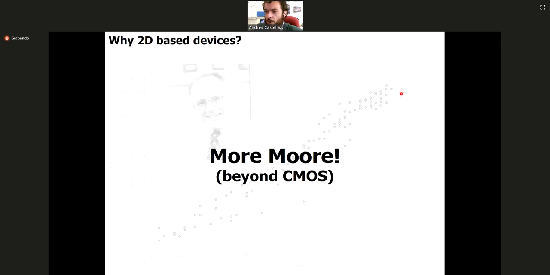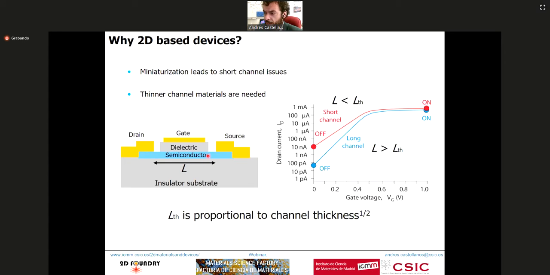There are different approaches to overcome these problems of Moore's law. The first approach is called More Moore, the approach called beyond CMOS, and it's just using the same kind of approaches the semiconductor industry has been doing with silicon, but with other materials. The idea is to substitute the semiconductor channel that we have nowadays by a two-dimensional semiconductor.